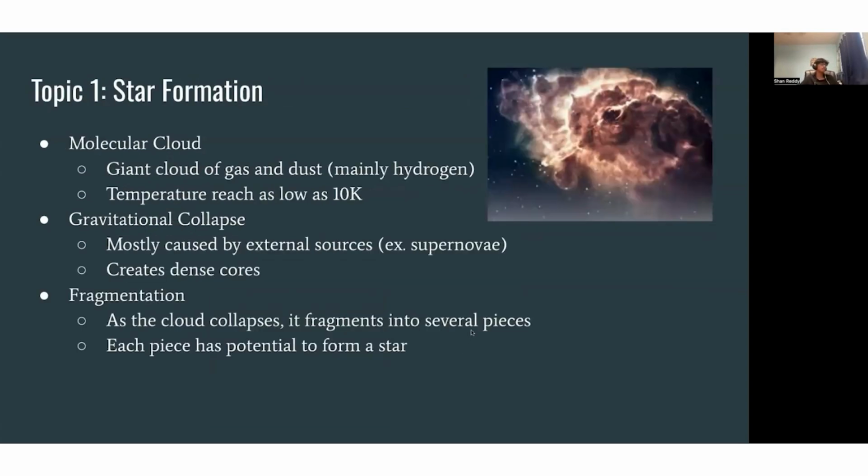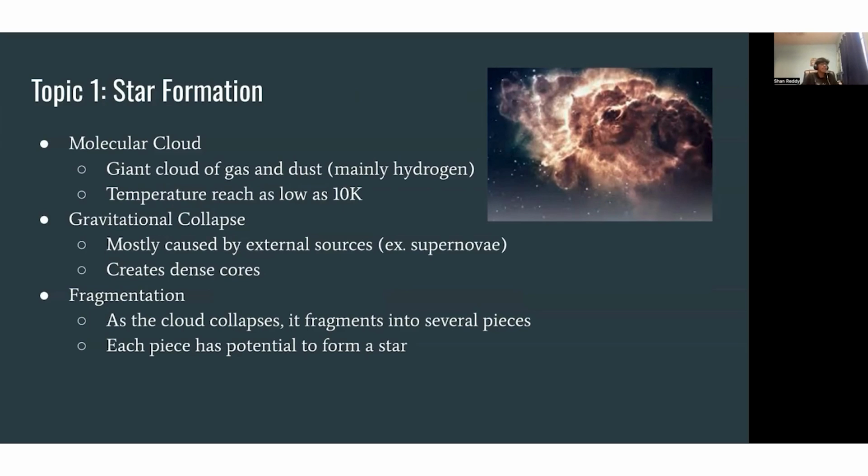Now, star formation. As I said before, stars all originate in molecular clouds, such as this one right here. These are giant clouds of gas and dust, mainly hydrogen, and they can reach temperatures as low as 10 K. Then the molecular cloud undergoes gravitational collapse, which is mostly caused by external sources such as supernovae, which is the explosion of a dead star.